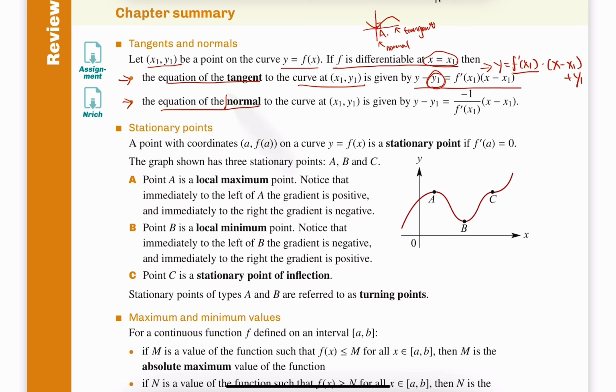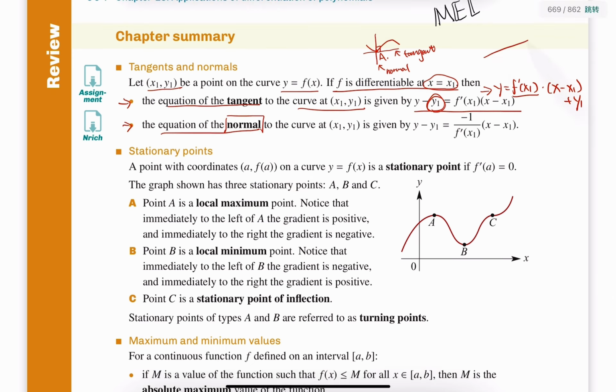One important thing, as I mentioned earlier, is that the tangent and the normal are perpendicular. They're always perpendicular to each other. So what does this give us? It gives us a very important property, which is that their gradients multiplied equal -1.